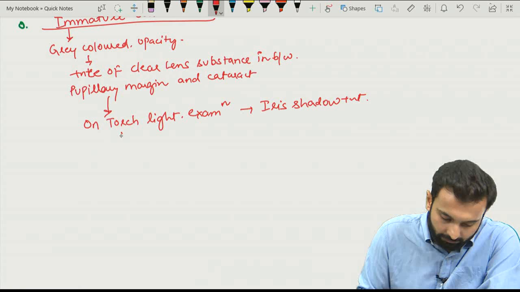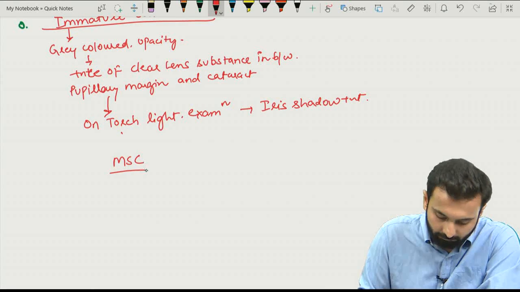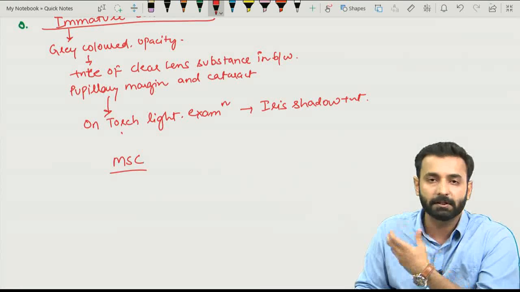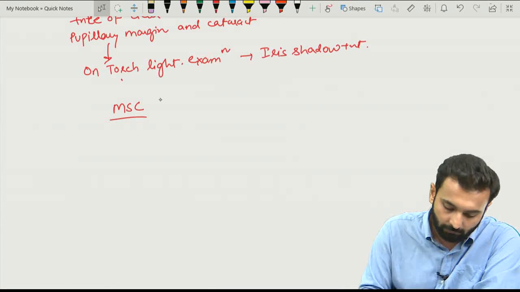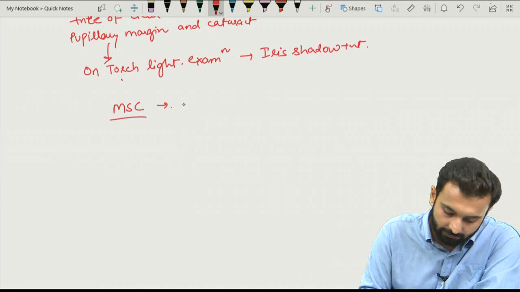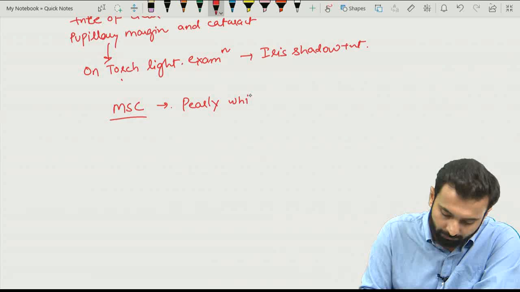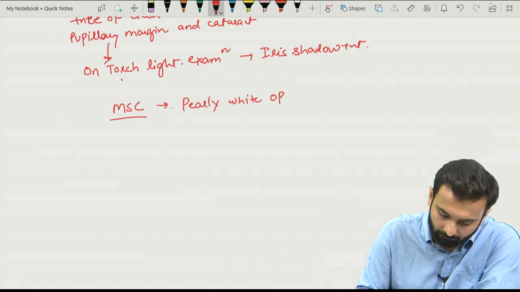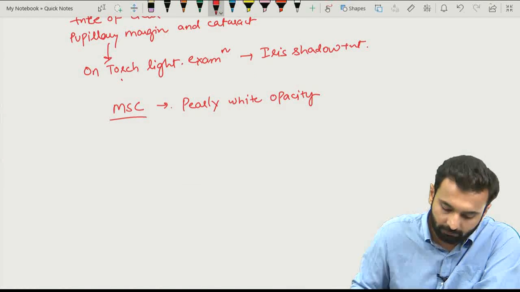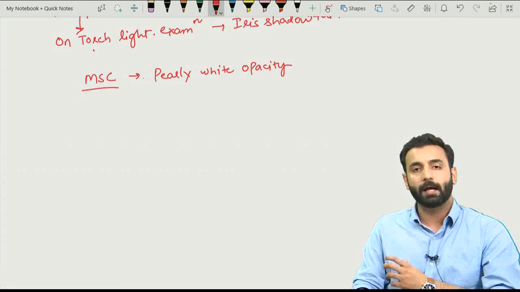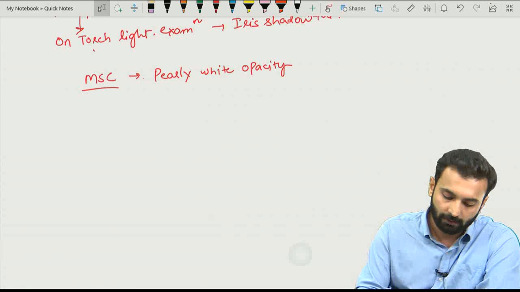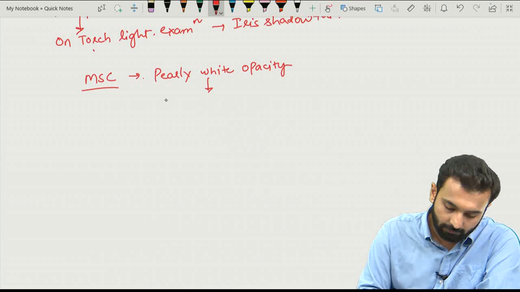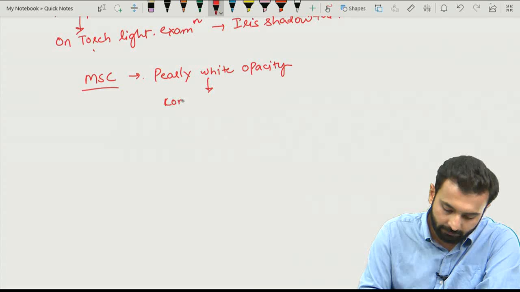But when this immature senile cataract matures further, it will lead to mature senile cataract. What happens in mature senile cataract? It is a pearly white opacity. There is complete opacification of the cortex.